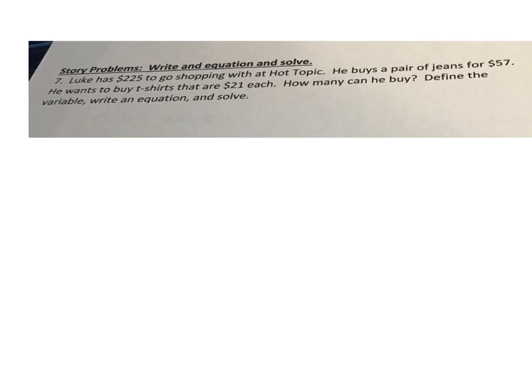Well, first of all, I know the total he has is $225, so that's going to go on the right side of my equation. I know he spent $57 on jeans, so I'm going to put that in my equation. But we want to know how many t-shirts he can buy for $21 each. So I'm going to define my variable.